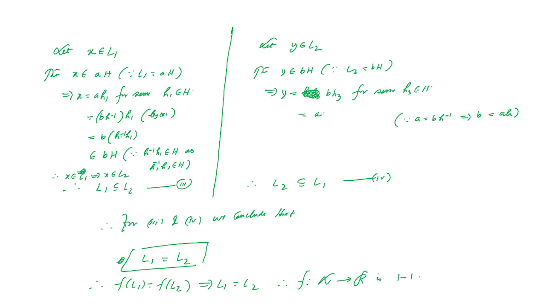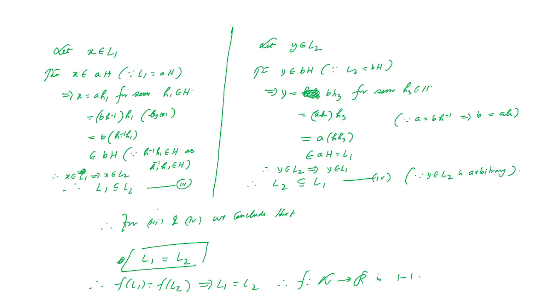We will put here AH H3, and that basically belongs to AH, and AH means L1. So therefore Y belongs to L2 implies Y belongs to L1. And from that we can write L2 is a subset of L1, since Y belongs to L2 is arbitrary.